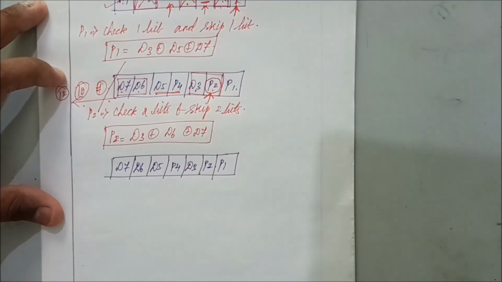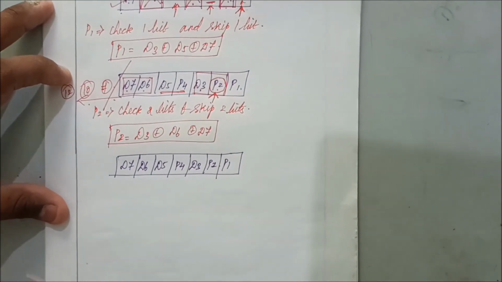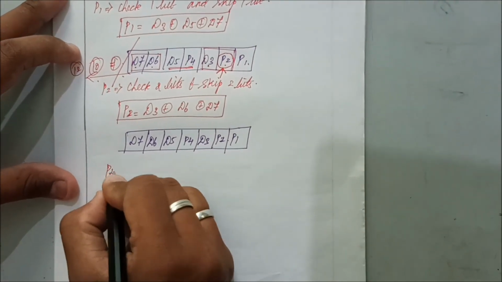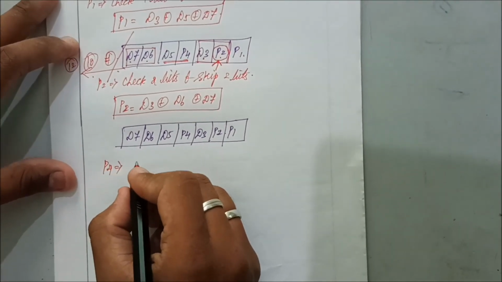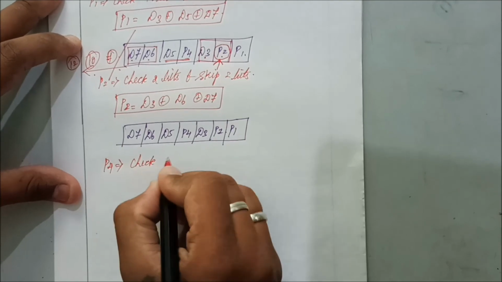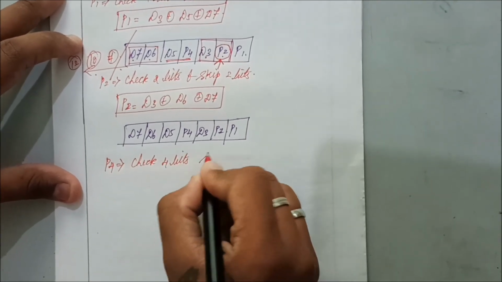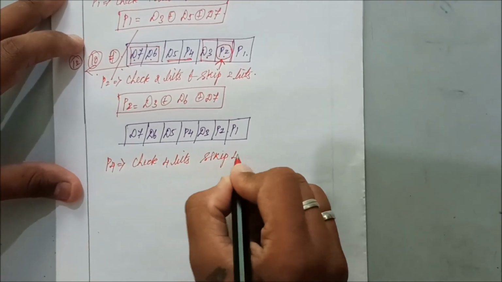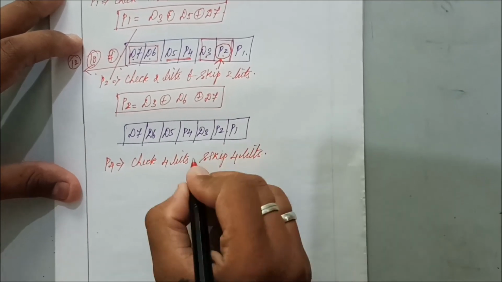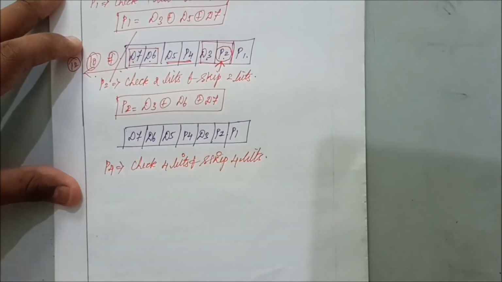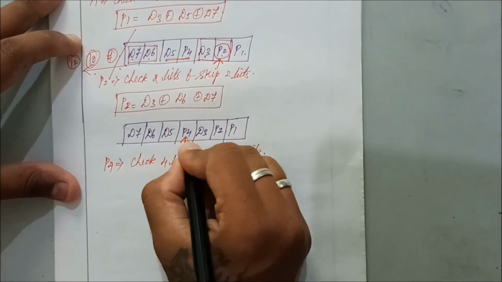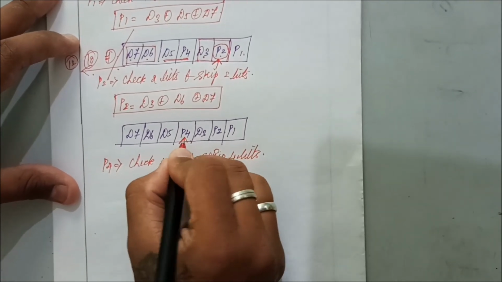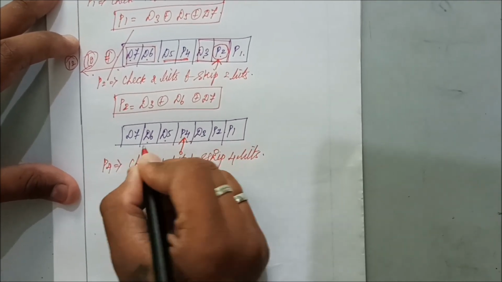Okay, so listen carefully. In this case we have p4. For p4 we have to check 4 bits and skip 4 bits. The P4 is here, so for P4 we have to check 4 bits: 1 2 3 4.